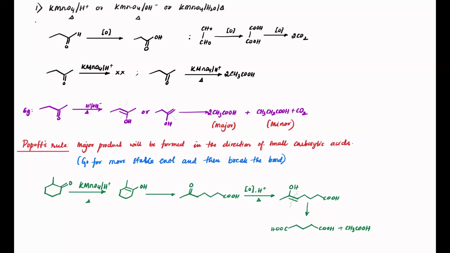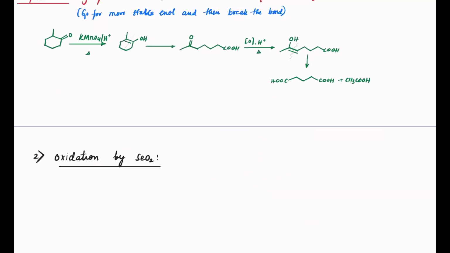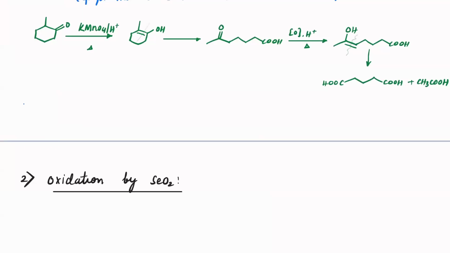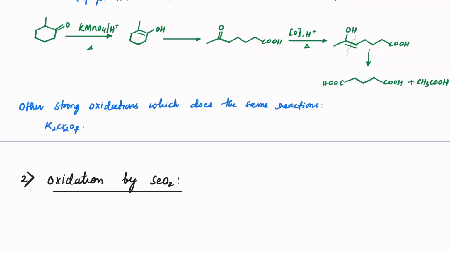All right, these are all the strong oxidations. Other strong oxidations which do the same reaction include K2Cr2O7, H plus, and heat, strong heating.